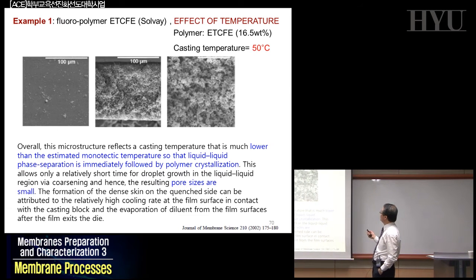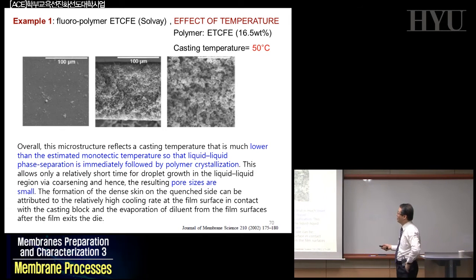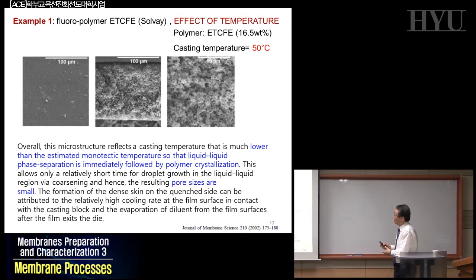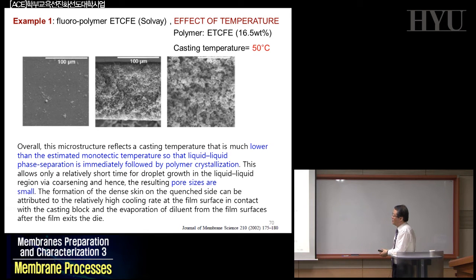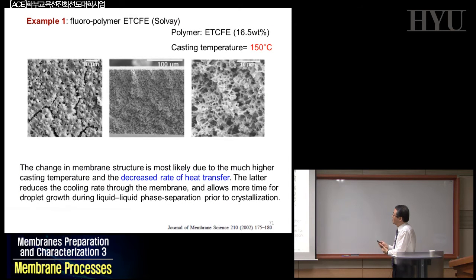When the casting temperature is lower, with a polymer concentration of about 16.5%, then at the monotectic point, where the refraction points are, you have very small pore sizes, whereas if you increase the temperature, then you have slightly larger pore sizes, even on the surface of your membrane.